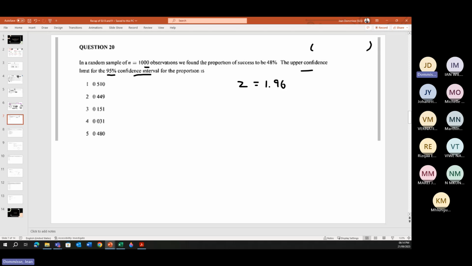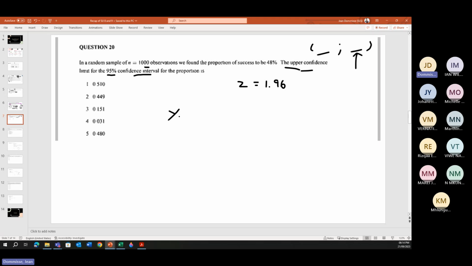Don't think, because they only talked about the upper confidence limit, that we're working with a one tail. They just want you to report that in the final answer, but a confidence interval always has a lower and an upper. We just want to work out what the upper is.